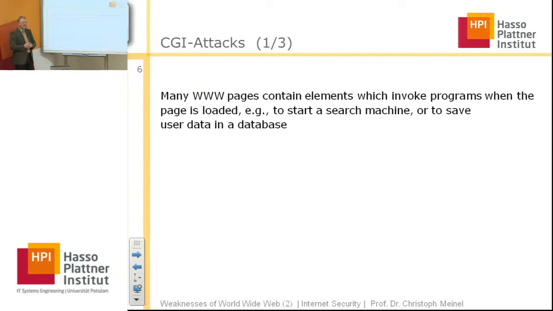Let's start with discussing CGI attacks. You remember many web pages contain elements which invoke programs when they are loaded. For example, to start a search engine, to find a solution, and to send a solution back.